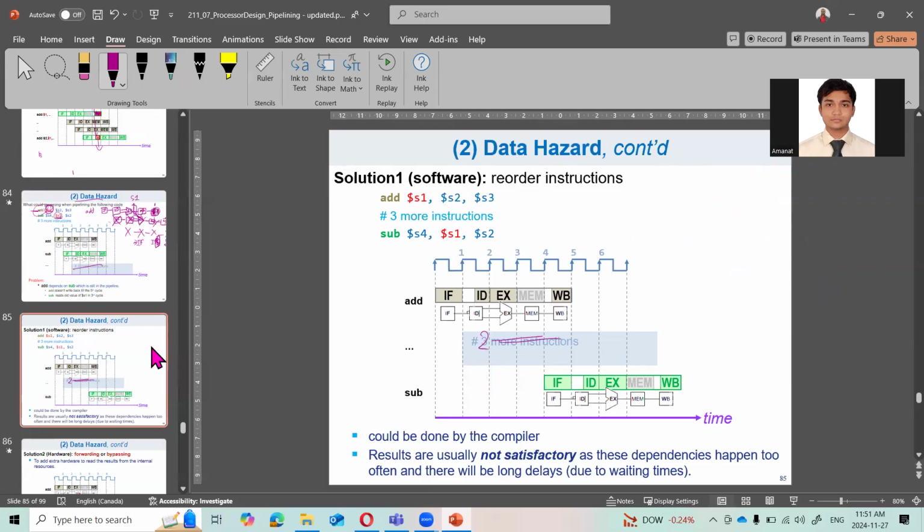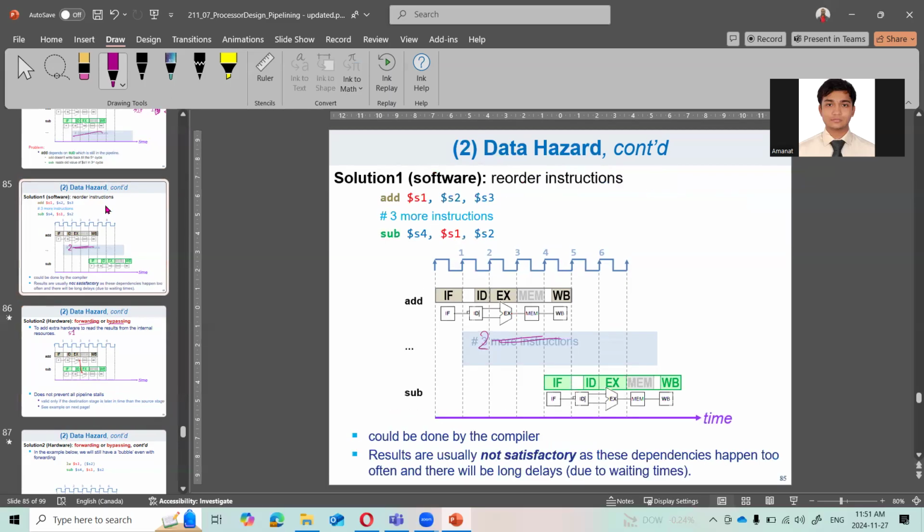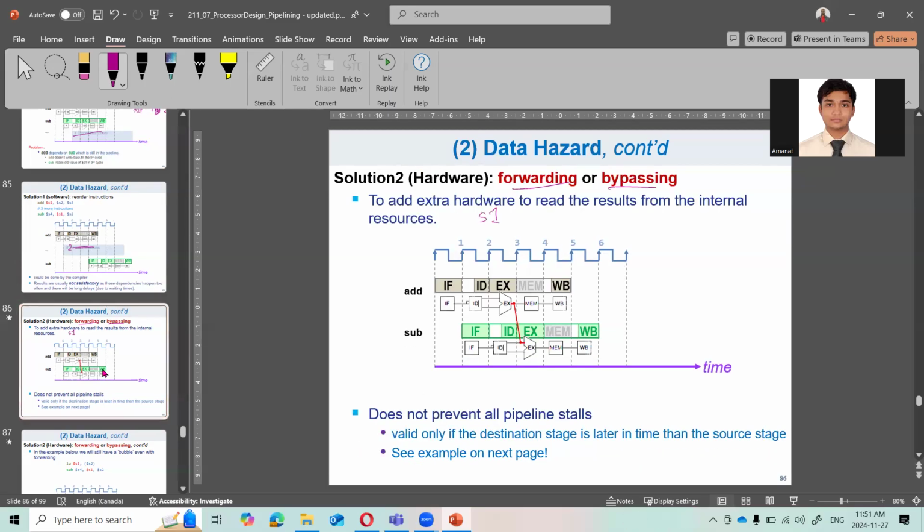But if you have forwarding implemented, which is also known as bypassing, you know that for S1, S1 equals S2 plus S3. That happens and you get the result here.